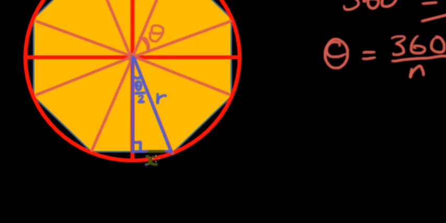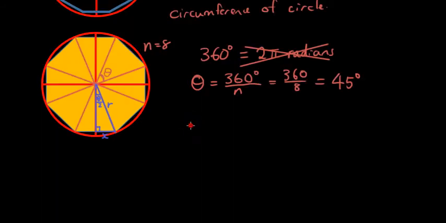We can find out what x is using simple trigonometry because we have the length of one side and we have the angle. Actually, let's just start from the beginning. Sine of theta over 2 is equal to opposite over hypotenuse, so x over r.